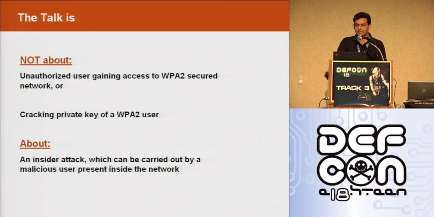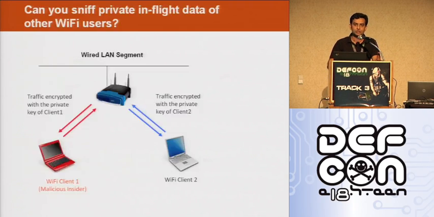But I have seen people saying that when a malicious user is already inside the network, he can do pretty much anything in that network, so what's the big deal? Fine, so let me ask this question. Let's assume you are a malicious insider.